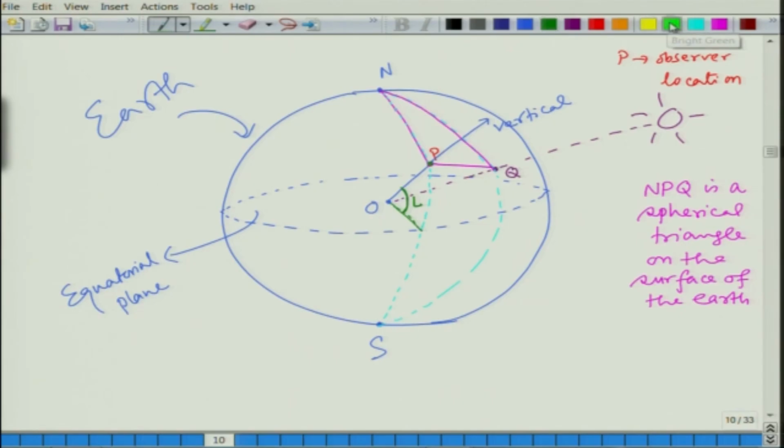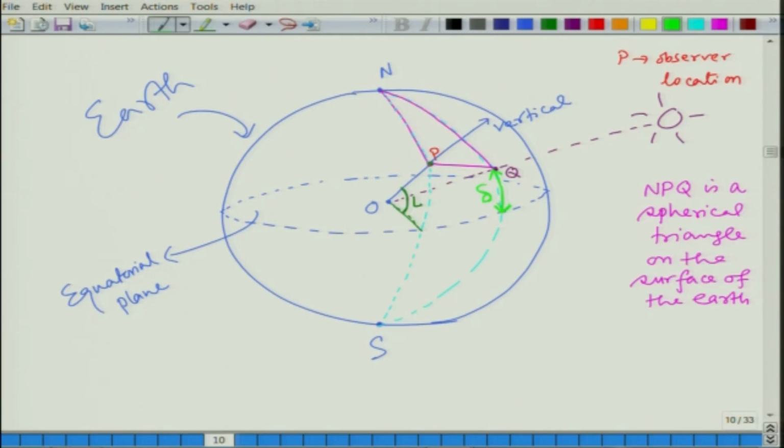That angle is basically this particular angle, whatever angle this particular line will make at the center O. So, what is that angle? That is our declination angle, right, delta. So, these two angles we obtain very easily, okay.